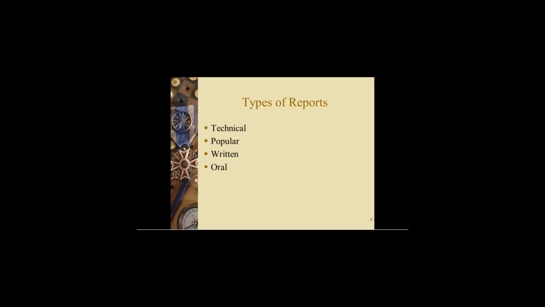Now, what is called a popular report? A popular report is for more of entertainment, or for a very, very large number of people excited to know about what is happening in this country. For example, what's happening in Bollywood today? That's a popular report. What's happening in the music industry?